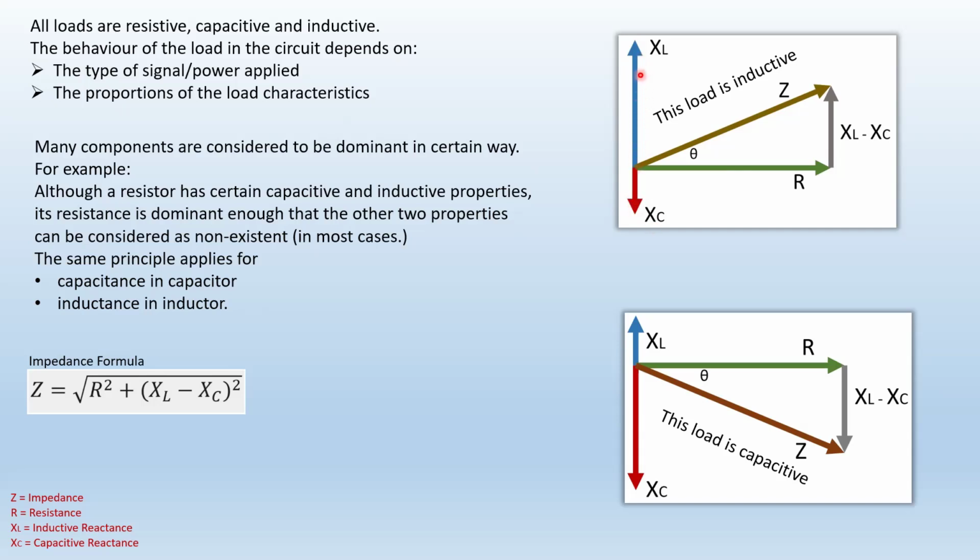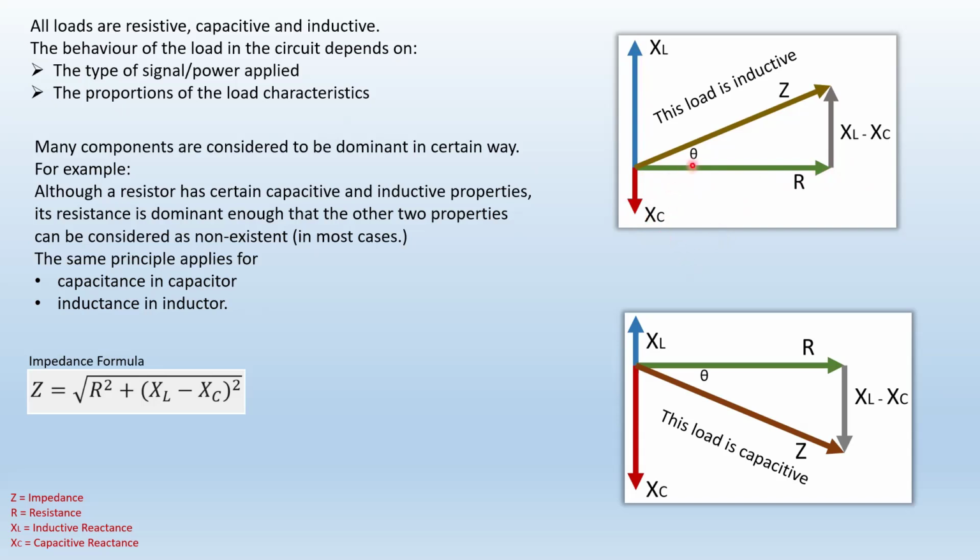So here is inductive reactance, and here is capacitive reactance. And then, of course, the resistance is always going to be at the angle of 0. Okay? Impedance is the combination of resistance and reactance, or the total reactance.